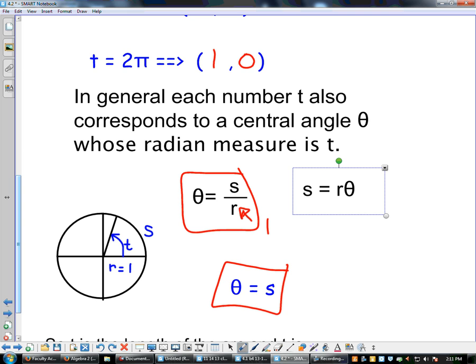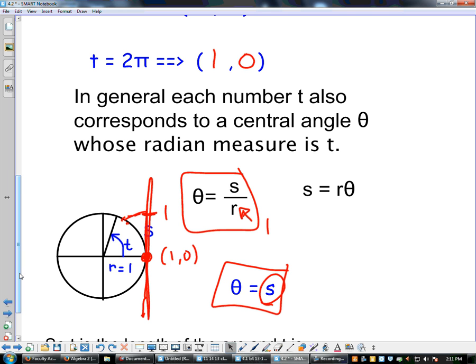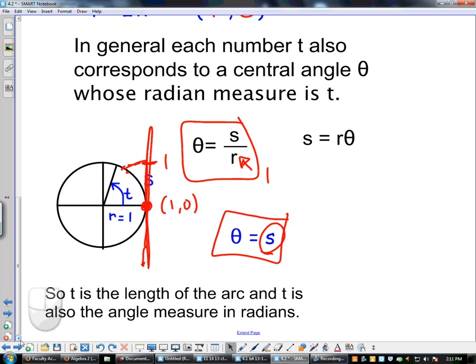So we're tying in that real number line attached to the unit circle, with 0 on the number line corresponding to 1, 0, and the fact that any number on the real number line is going to be exactly the same as the angle measure, because the arc length is the distance up the number line, and the angle measure is the angle that's covered. So t is the length of the arc, and t is also the angle measure in radians.